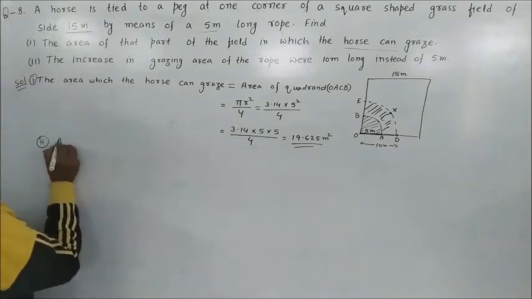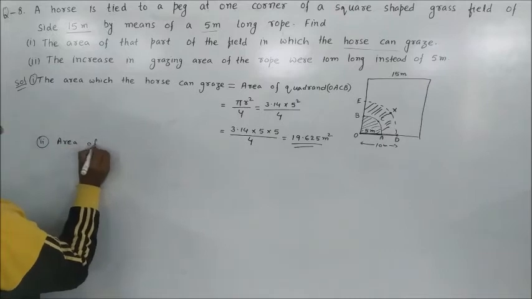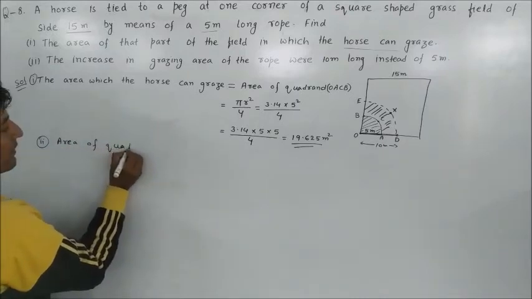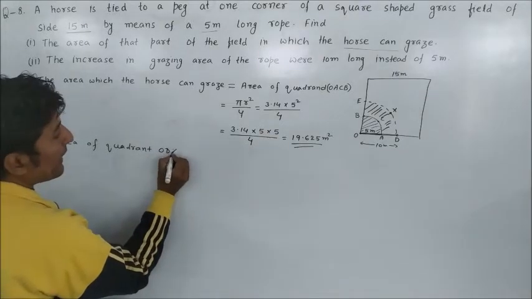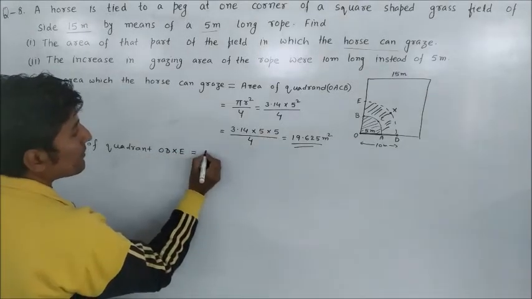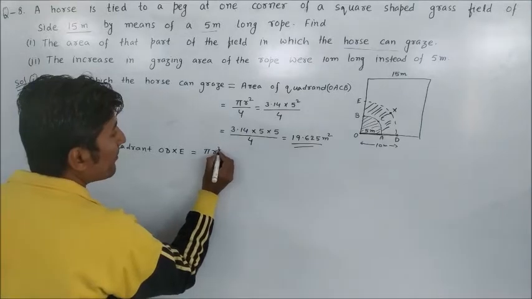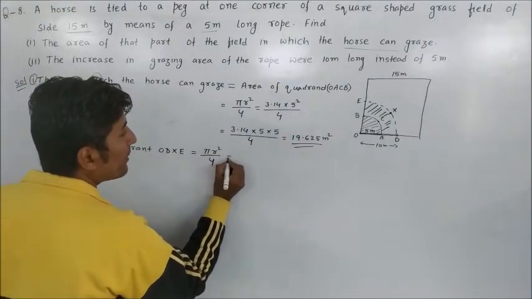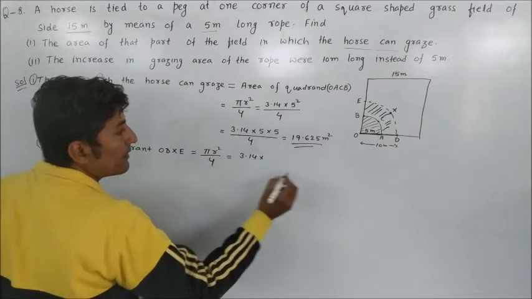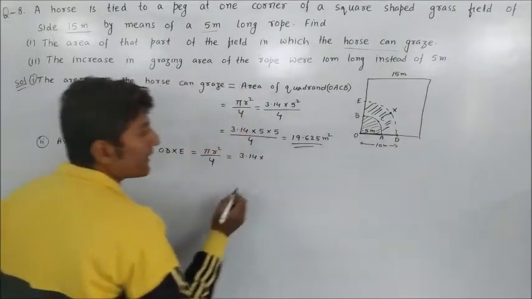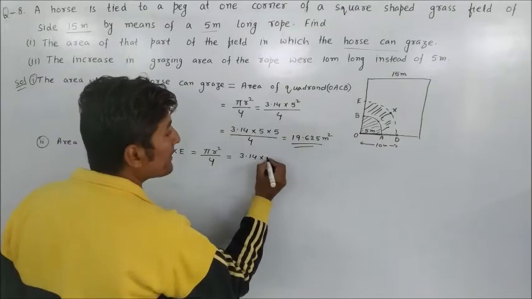Area of quadrant ODXE will be equals to the same formula, pi r square divided by 4. In place of pi we can write 3.14. This time we are having radius equals to 10 meter because the length of rope is given 10 meters.